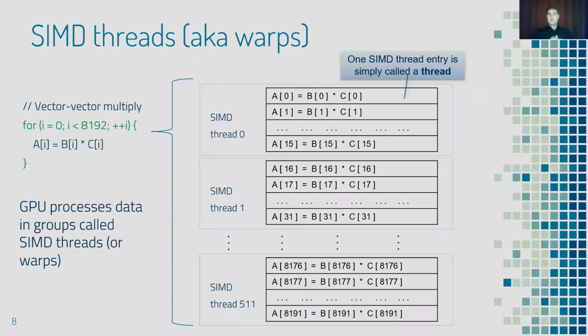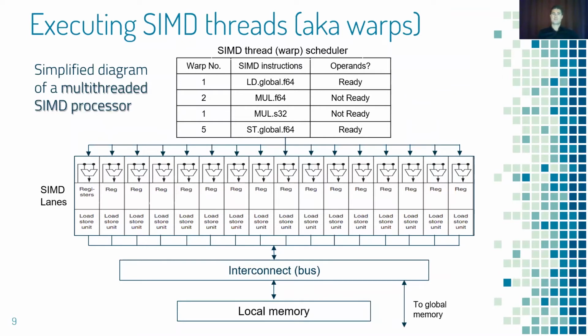This slide shows how these SIMD threads or warps are executed. It's a simplified diagram of a multi-threaded SIMD processor, a processor that executes these SIMD threads or warps. Within this processor, you'll have a table of available warps. Each warp has an instruction that it runs. Remember, it has only one instruction that runs over multiple data elements. Then it has a flag that tells the scheduler whether or not the operands are ready, because sometimes operands have to be read from the main memory, which might take some time.